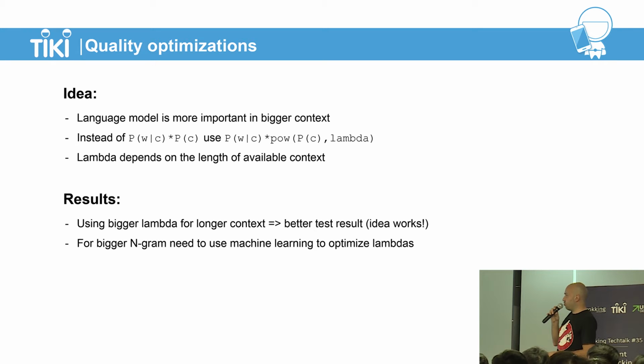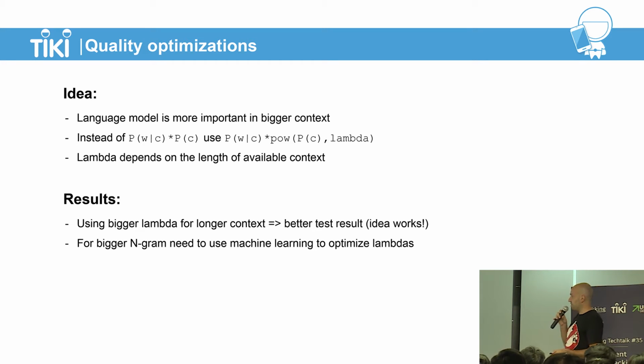So we try to switch from P(W|C) multiplied by P(C) into P(W|C) multiplied by P(C) to the power of lambda. And we try to pick different values of lambda for different lengths of the context before and after. I won't go deep into the details of this process.